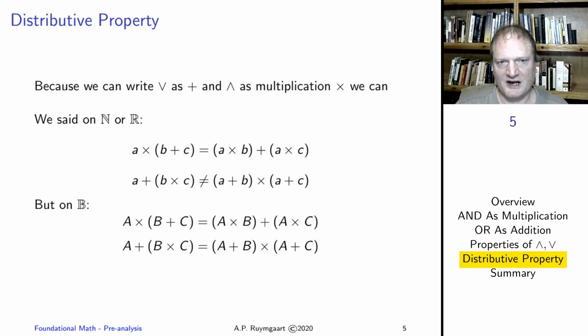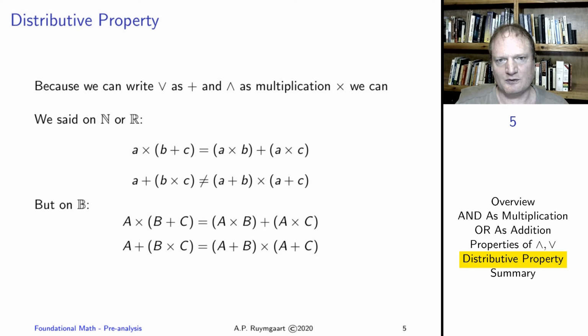I've also used capital letters to indicate Boolean variables and lowercase letters to indicate variables in either the natural numbers or real numbers. But of course that's not a requirement. That's just to emphasize here which set we are operating on.